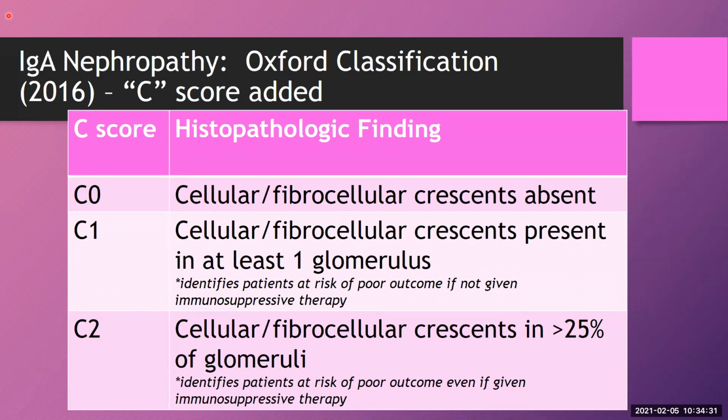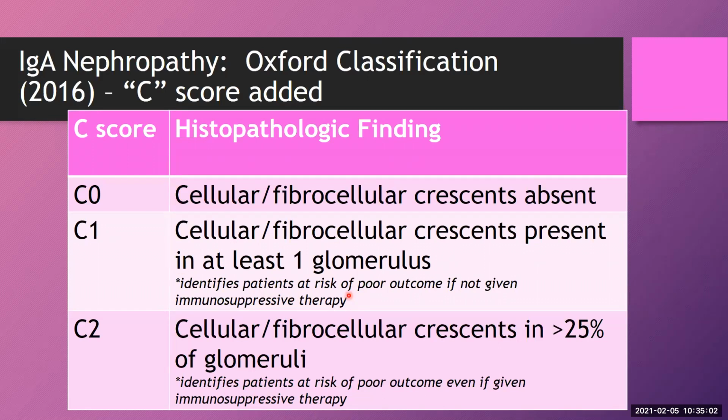The second, 2016 version of the Oxford classification didn't do as much with the slope and the decrease in milliliters per minute per year, because that data was already established. They looked at a broader cohort of patients and looked specifically at the number of crescents, which is why we're saying 1 versus greater than 25 versus 0, and whether or not the patients had been on immunosuppressive therapy. So that's the beauty of these Oxford classifications.